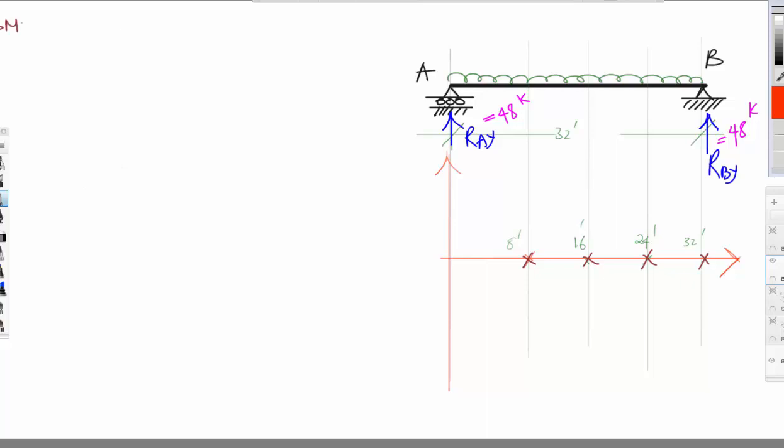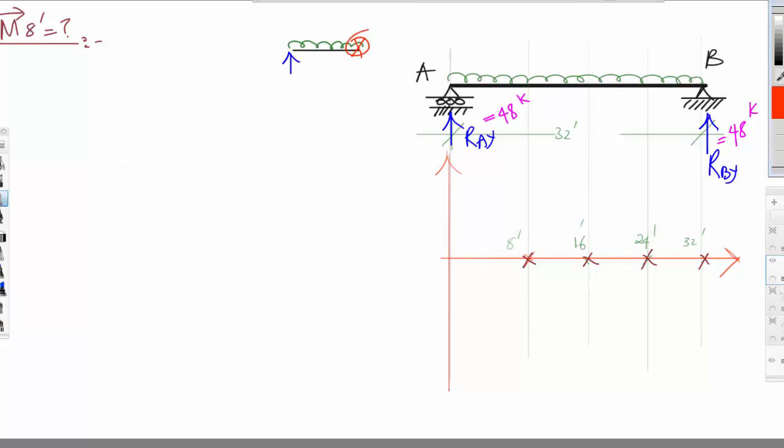So we'll start with moment from left at a distance of 8 feet, equal to how much? Of course, we know that the bending moment at the support is equal to 0, because there is no distance, and from the definition, bending moment is force multiplied by distance. Because there is no distance, the bending moment is equal to 0. So again, we'll sketch this as we go. This is the point where I would like to calculate the moment.